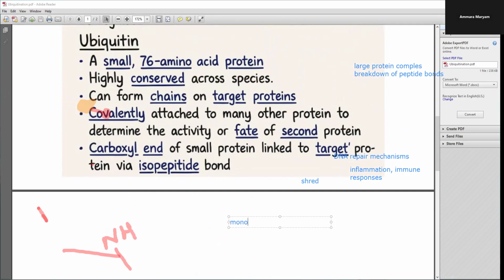Now what is the monoubiquitination? When a single ubiquitin protein gets covalently attached.